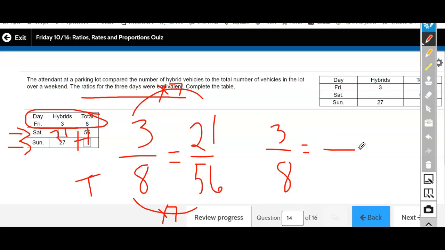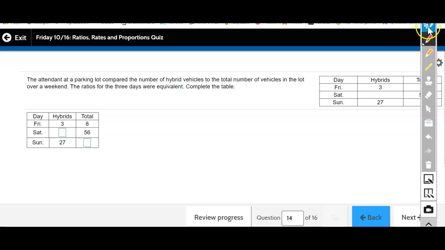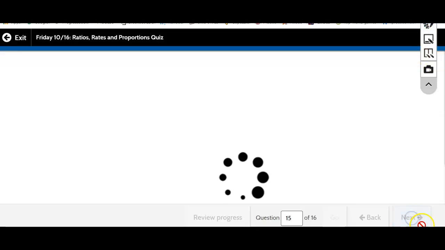Where's the 27 going to go? On the top. And so how do we figure out the bottom, total cars? 3 times 9 is 27. So 8 times 9 is 72. So on Sunday, there were 72 total cars. So essentially, it's 2 problems in one. We just have to set up proportions and solve them. Does that make sense? You remember what we did yesterday now?